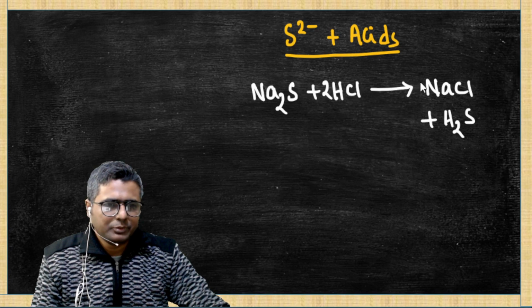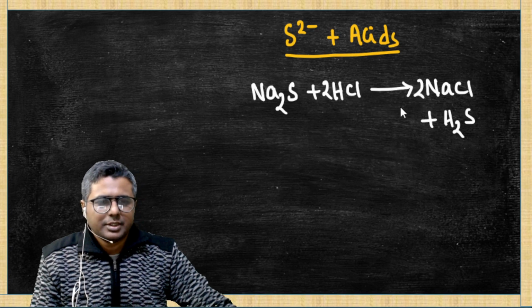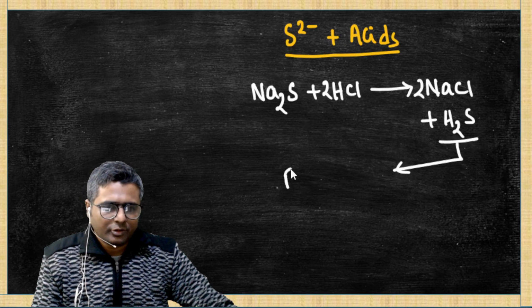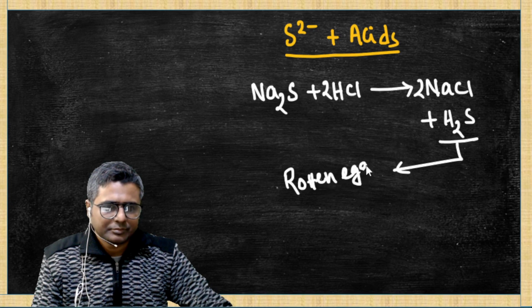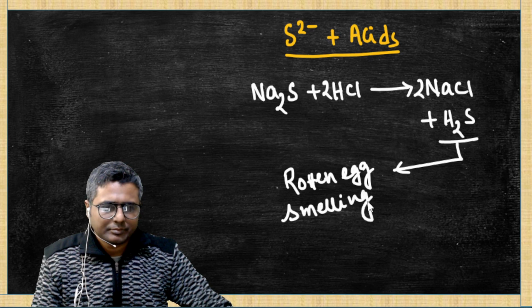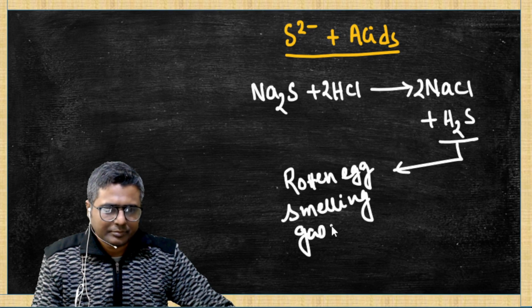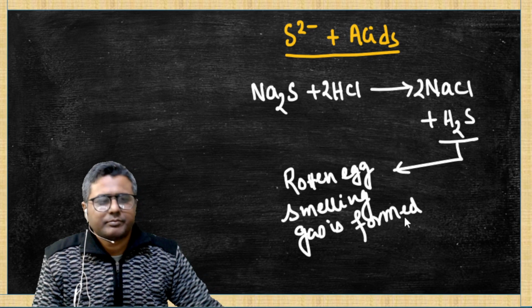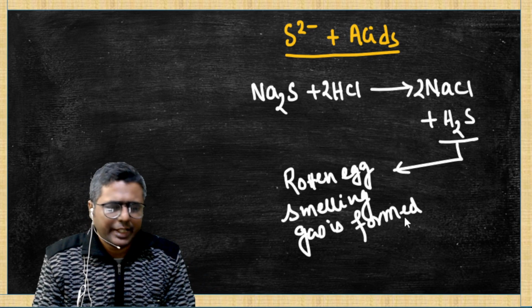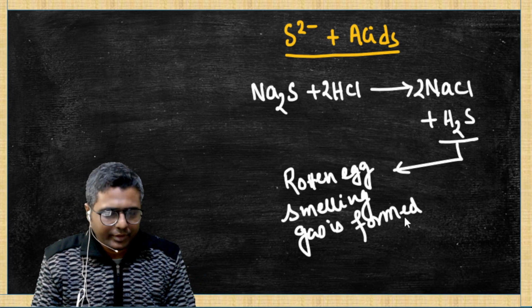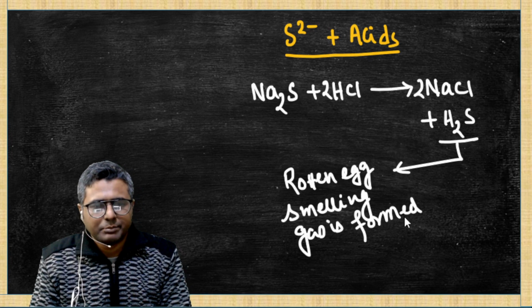So simple, 2 NaCl plus H2S. Here there is a characteristic smell, rotten egg smelling gas is formed. Okay. So this is how any sulfide is going to react with dilute acids. Okay. And the observation is very important.